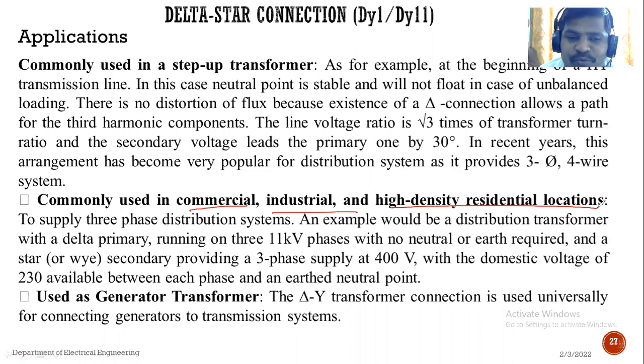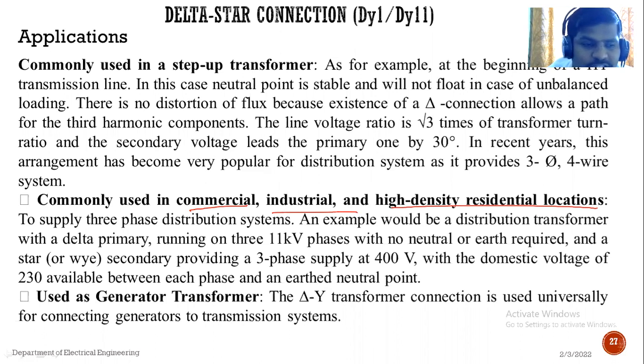To supply a 3-phase distribution system, an example would be a distribution transformer with a delta primary running on 11 kV phases with no neutral or earth required, and a star or Y connected secondary, which will provide a 3-phase supply at 400 volts.